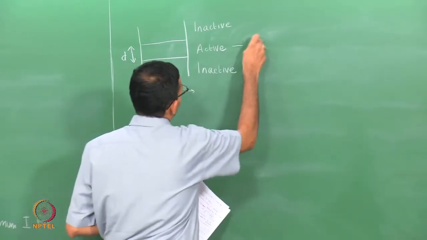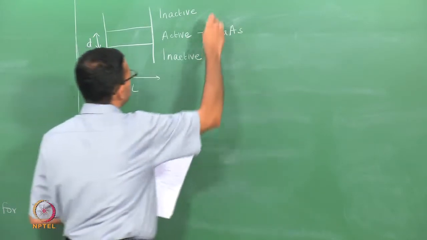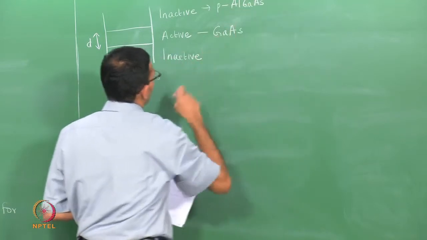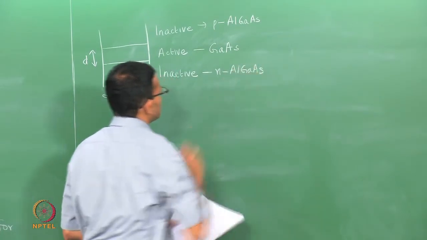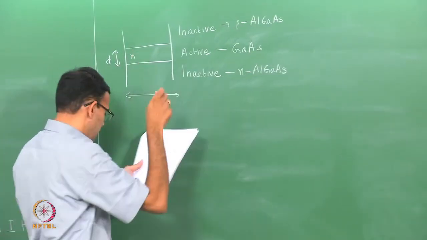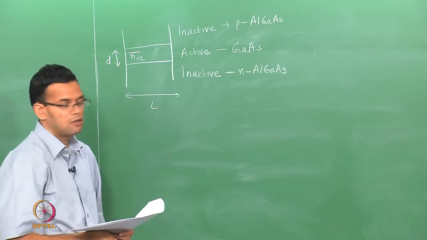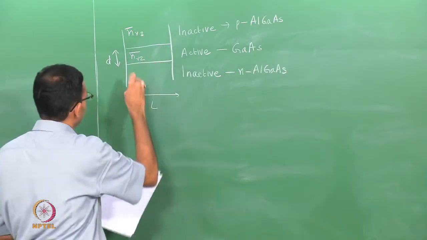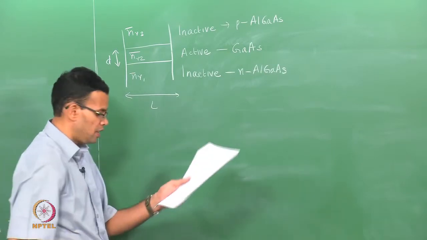For example, you can have an active region that is made of gallium arsenide, and your inactive regions could be p type aluminum gallium arsenide on one side and n type aluminum gallium arsenide on the other. So, let Nr2 be the refractive index of gallium arsenide, and Nr3 and Nr1 be the refractive index of the inactive aluminum gallium arsenide layers.